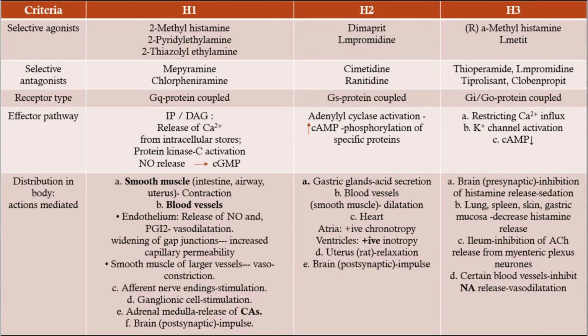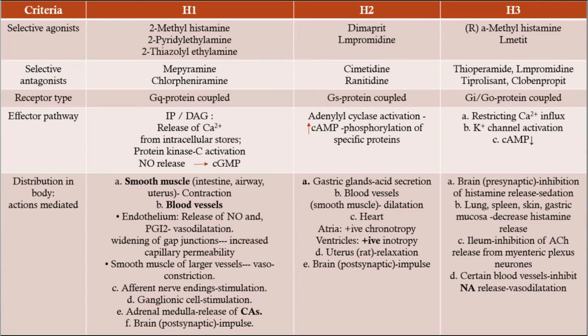Now these are three receptors, H1, H2 and H3, and properties of these three receptors. Let's see that. So very first is H1 receptor. Selective agonists for H1 receptor are 2-methylhistamine, 2-pyridyl ethylamine and 2-thiazolyl ethylamine. Selective antagonists are mepyramine and chlorpheniramine.